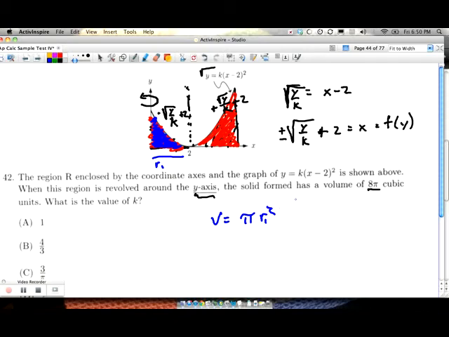And r1 is going to be the negative square root of y over k plus 2, and it's going to be this squared, from 0 to wherever this is going to be here. Now I have to figure out what that is. The root axis: y equals k times x minus 2 squared. If x is 0, then that becomes 4k. So it's from 0 to 4k.